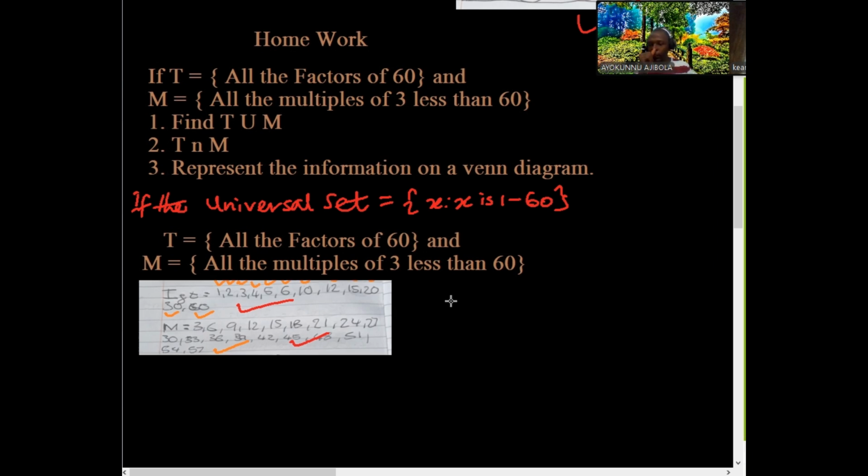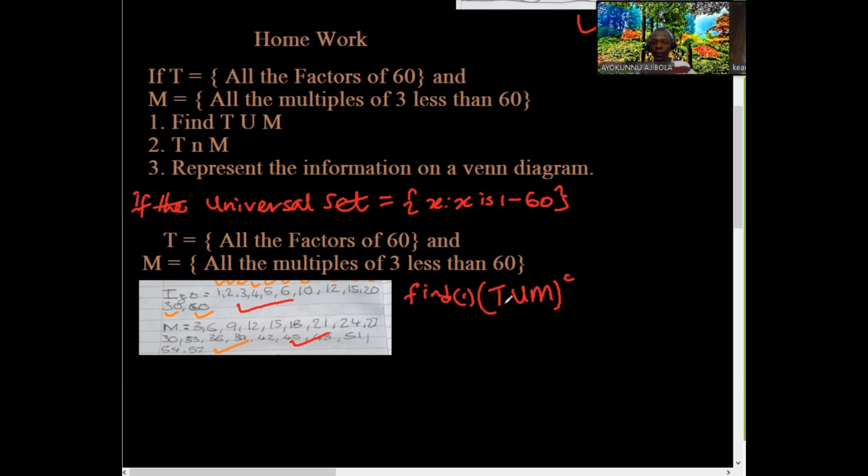Now they say find, number one, find T union M complement, or T union M prime, or complement, it is the same thing, okay?